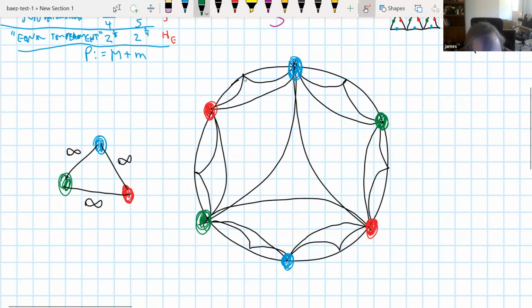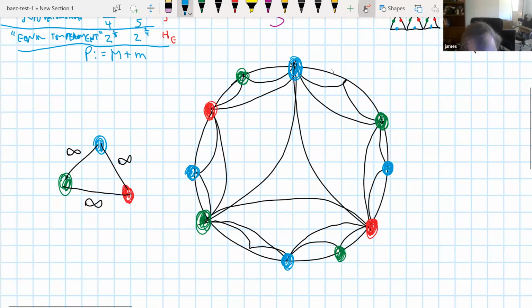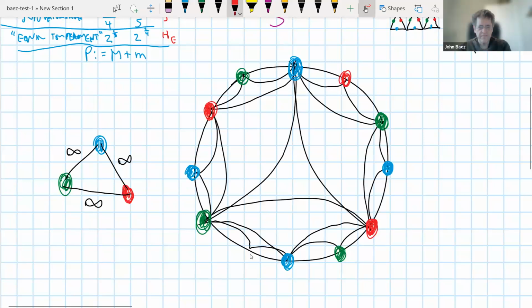And where's some more greens? There's a green over there, and there's a green over there. And where's some more blues? Each triangle has all three colors. Yep. So red and green, so that's a blue right there. And then what colors are these? These are blue. These must be reds over here. It keeps on going forever.